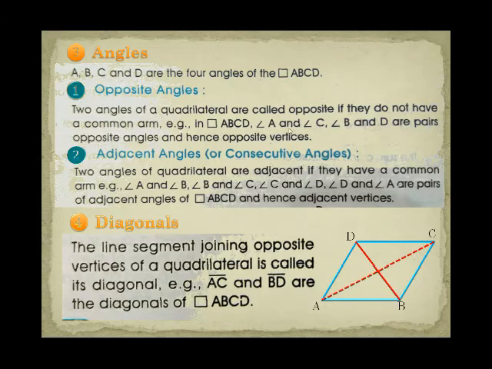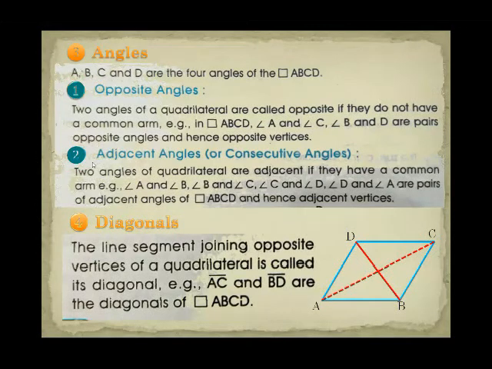How are they the opposite angles or the opposite vertices? As you see, students, angle A and angle C are opposite to each other, so they are opposite angles. And also angle B and angle D are opposite to each other, so they are opposite angles. And hence, opposite vertices mean that B and D are vertices opposite to each other, so they are the opposite vertices.